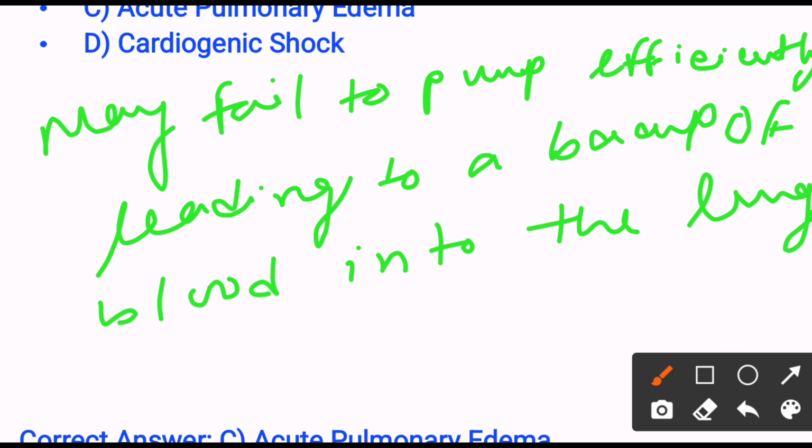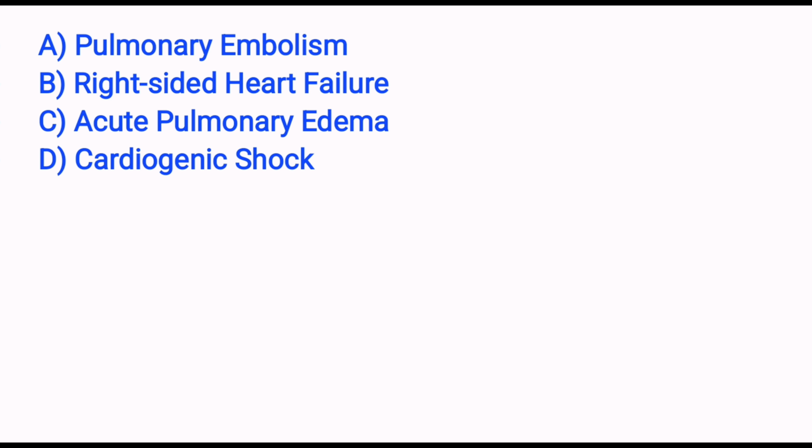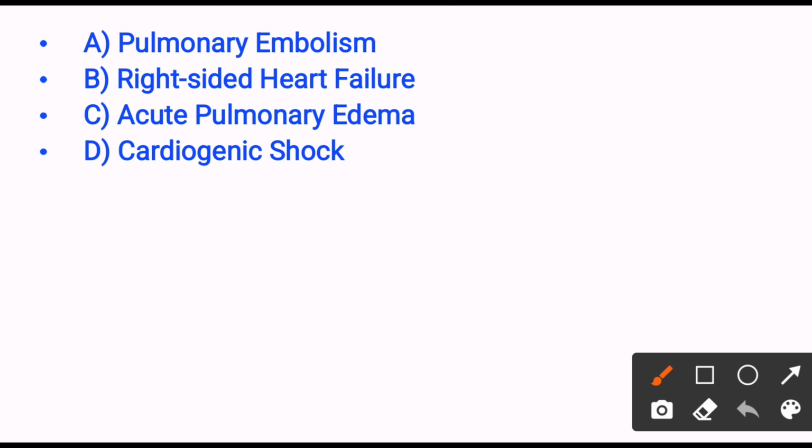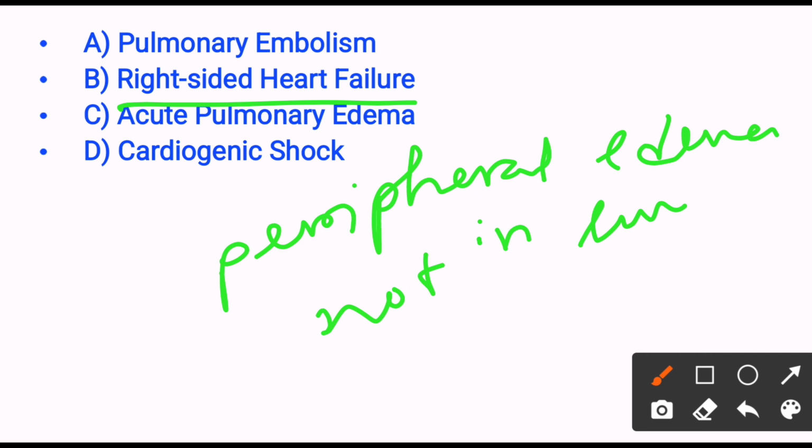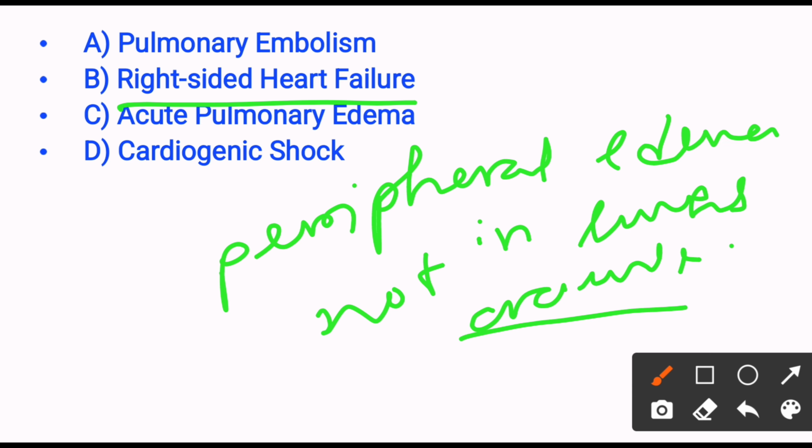Option B is not correct, because right-sided heart failure usually presents with systemic symptoms like JVD and peripheral edema, not lung crackles. So the answer will be option C.